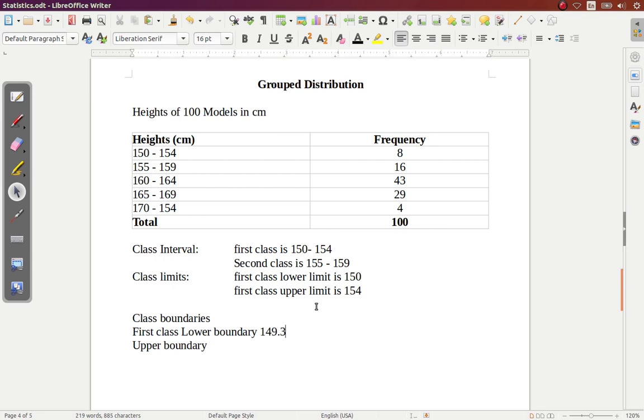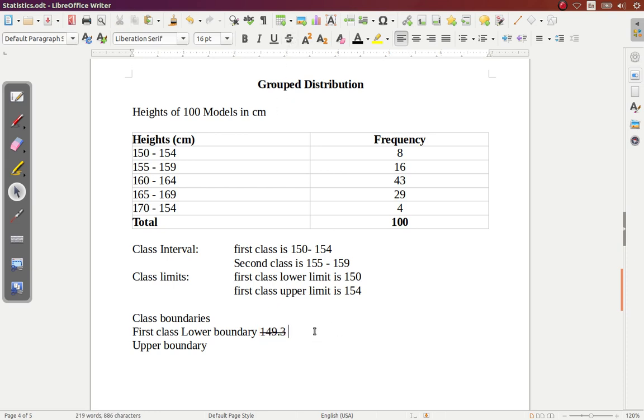Would you include that measurement in the first class? Remember, in these classes, you have measurements to the nearest centimeter. What is 149.3 to the nearest centimeter? Remember, you're rounding off. You would not include 149.3. So let me strike that out.